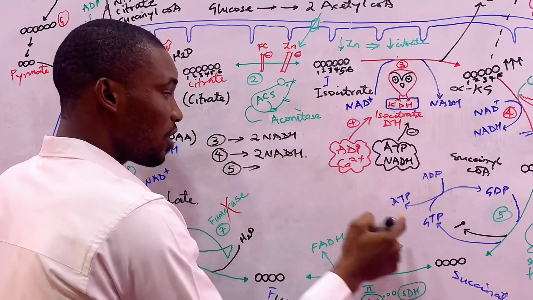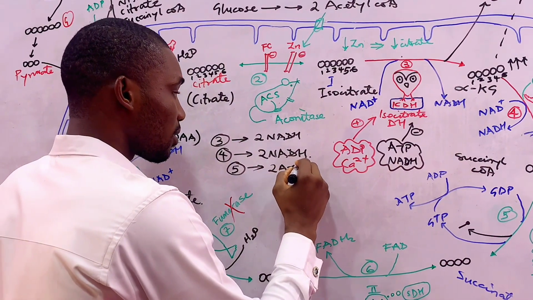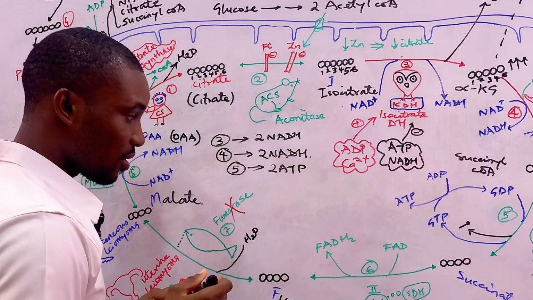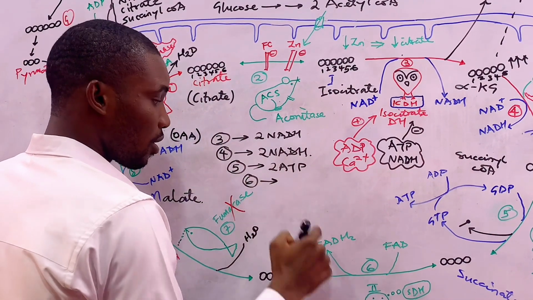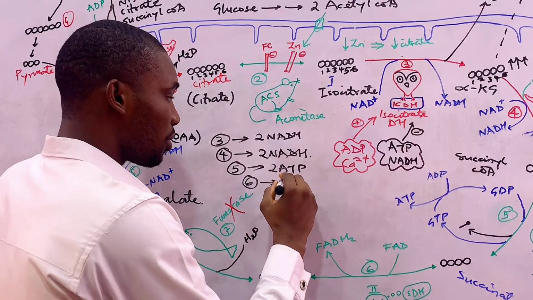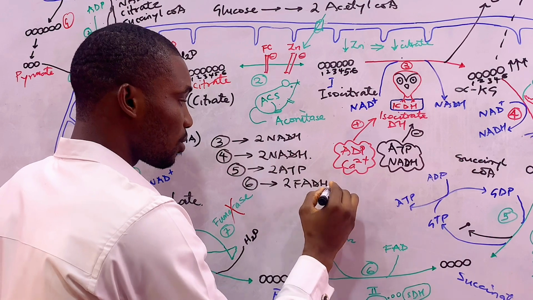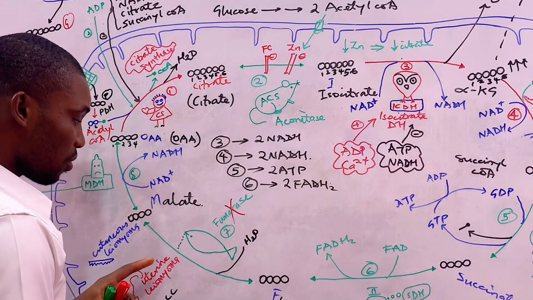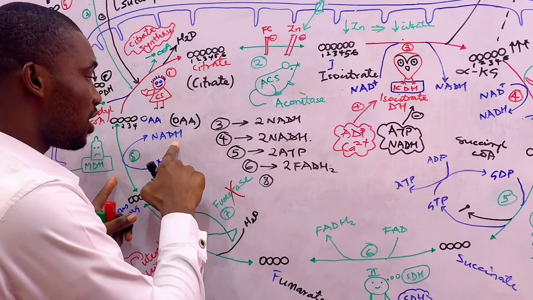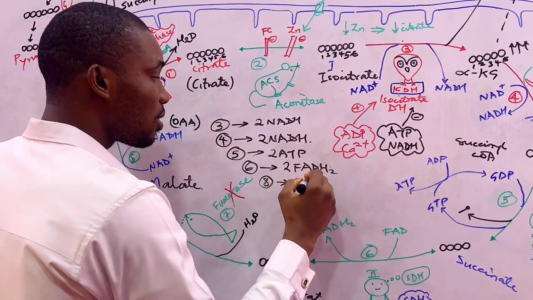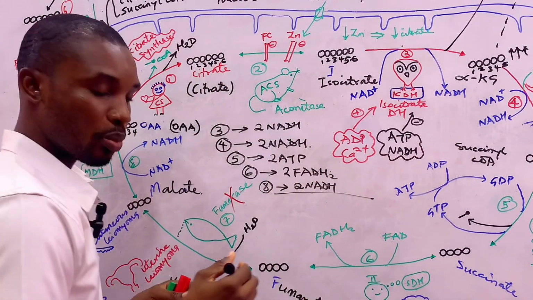Now, coming over to reaction 5, what do we have? ATP, right? We have 1 ATP, that's 2 ATP, eventually for 1 glucose. And then, over to reaction 6, we have 1 FADH2, that would be 2 FADH2, right? Then, over to reaction 8, we have 1 NADH, that's 2 NADH. Okay, so let's sum everything up.